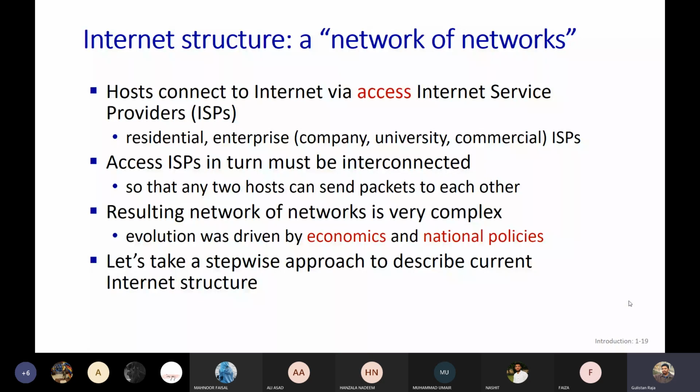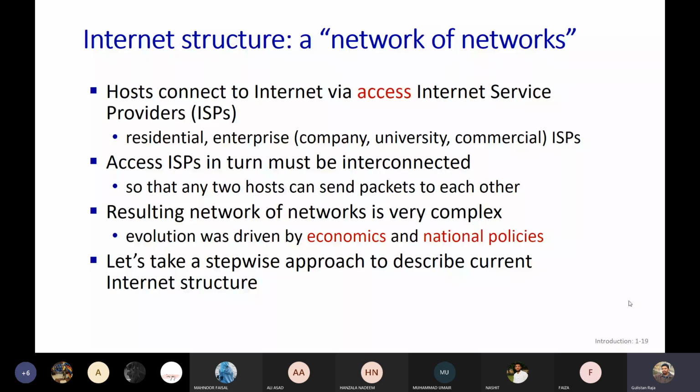Those access ISPs to which your residential internet, company, university are connected must be interconnected to each other so that all ISPs can send packets, hosts can send packets to each other.